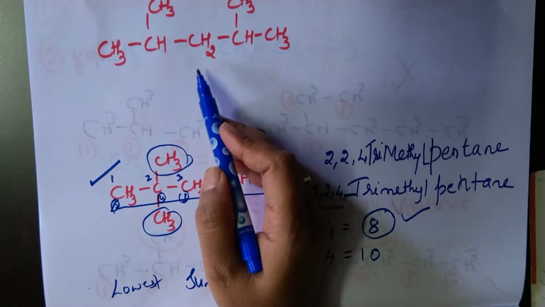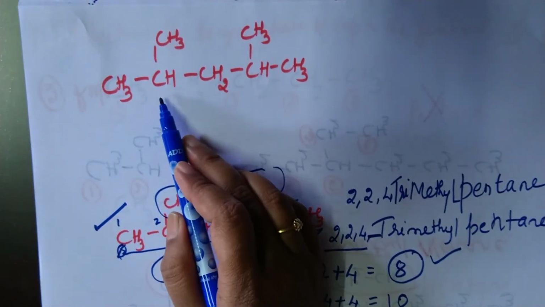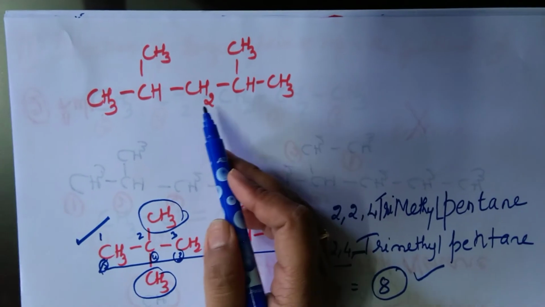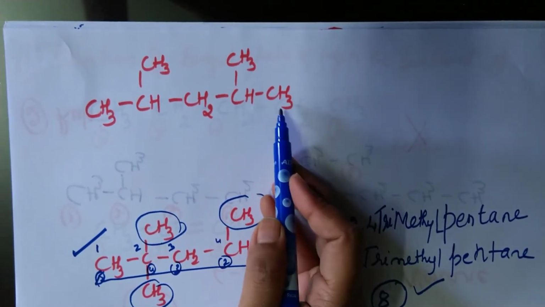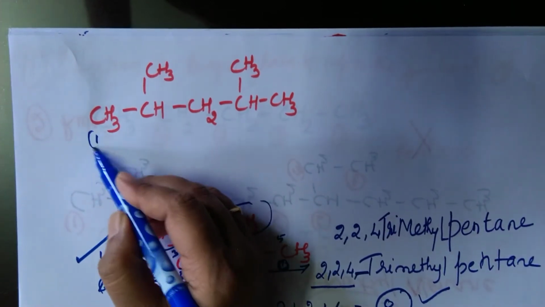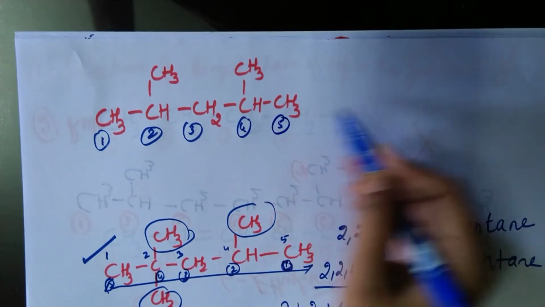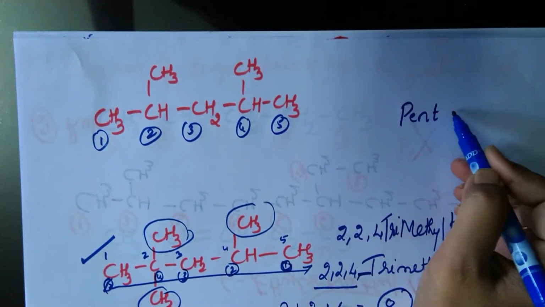Okay, so we will take up this example. The sum of locants: from this side if I number, it will be 2 plus 2, 3 and 4. If you number it from this side also, it is 2 and 4. So number it from wherever you like. I'll number it from this side. 5, pent-ane.